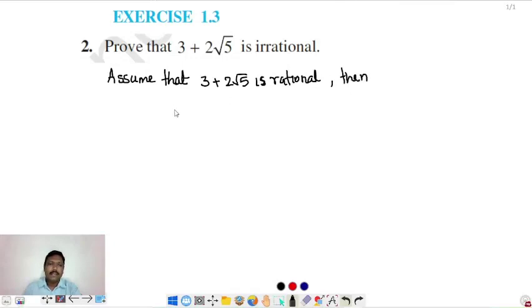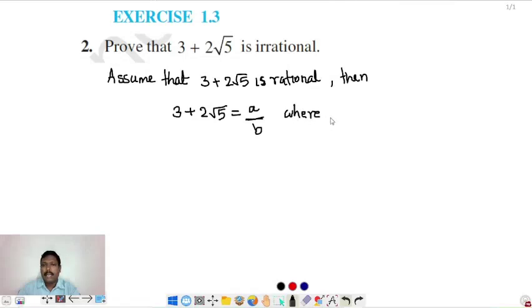Then 3 plus 2 root 5 is equal to a divided by b, where a and b are co-prime.